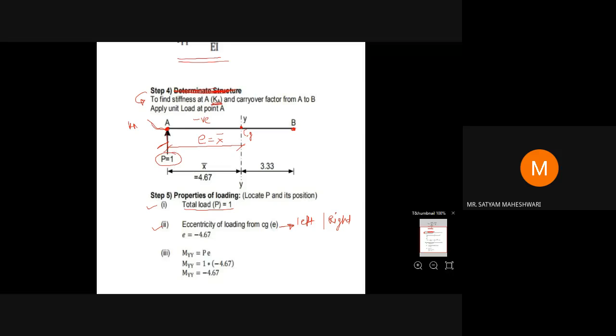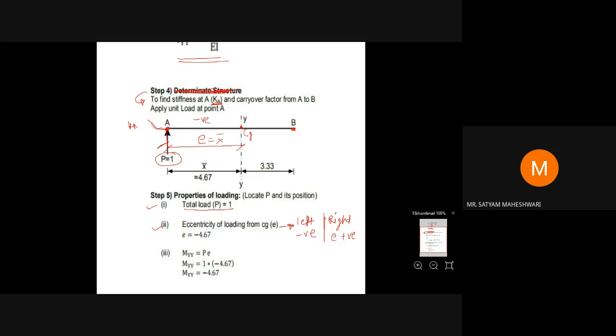Your load is located to the left of CG, or we can say the eccentricity is located to the left of CG. Hence your value of E will be minus, and if your P is located to the right of CG, the value of E will always be plus.